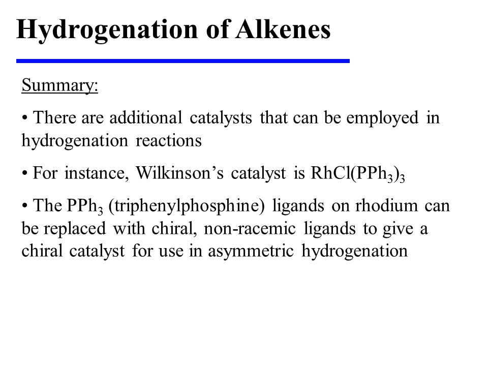It's worth noting that there are additional catalysts that can be employed in hydrogenation reactions. For instance, Wilkinson's catalyst has this molecular formula. The triphenylphosphine ligands on the rhodium can actually be replaced with chiral non-racemic ligands to give a chiral catalyst that can be used in asymmetric hydrogenation.